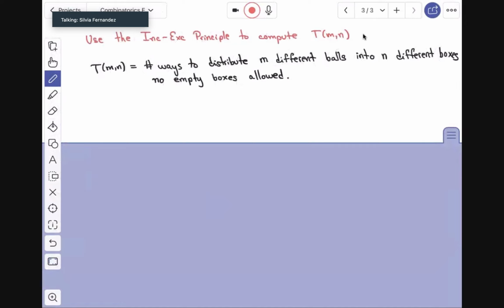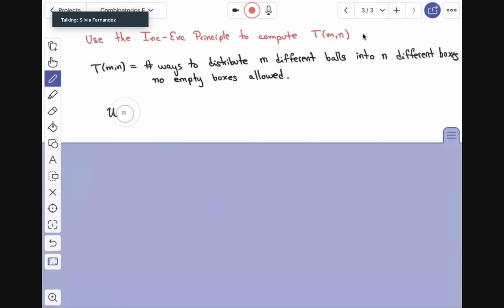So I'm going to define AI to be the number of distributions. Well, actually, first I'm going to define my universe. The universe is just going to be those distributions with no restrictions.